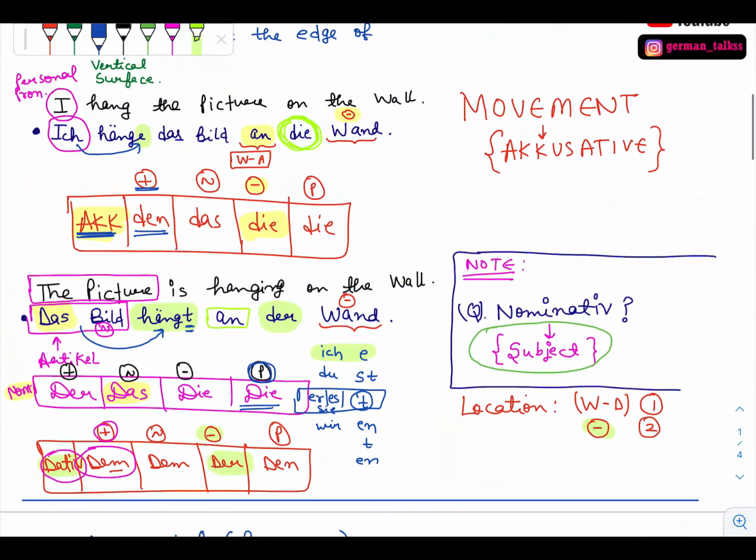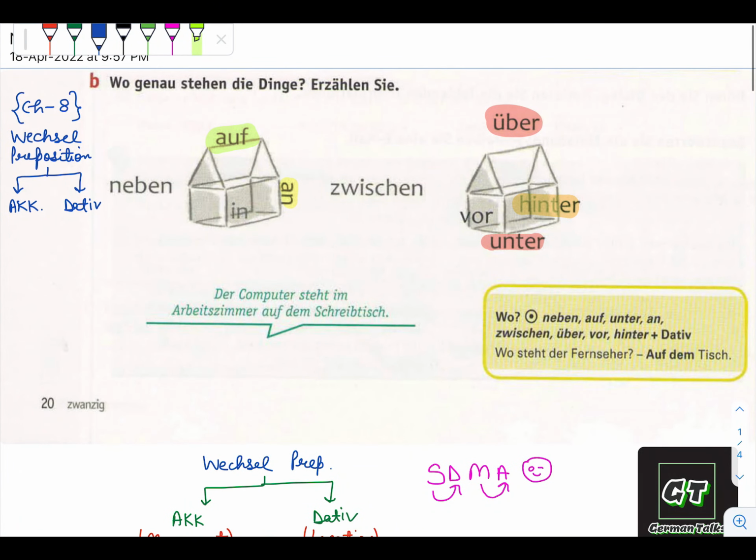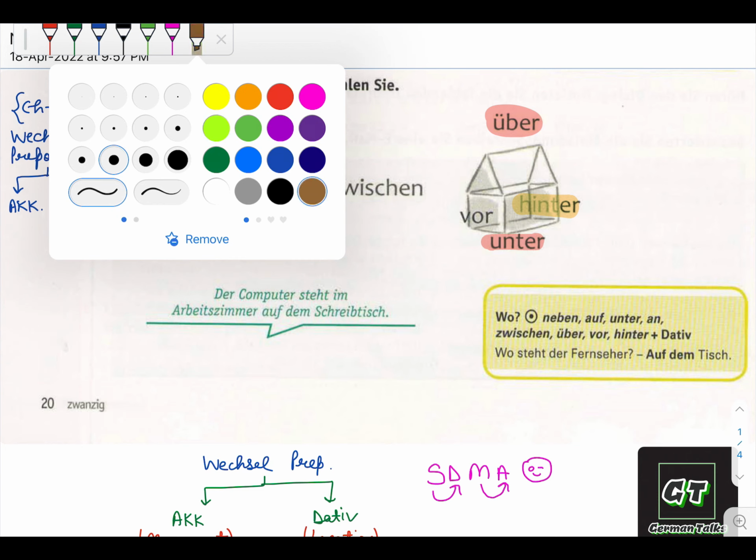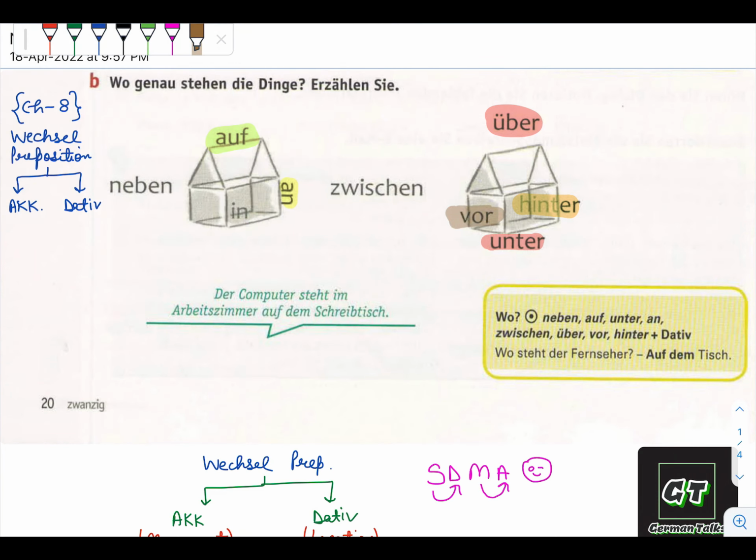Nummer 6. Vor. Vor means for, we also say Vorname. Yes, that is vor. Vor means in front of. Here we say first name.